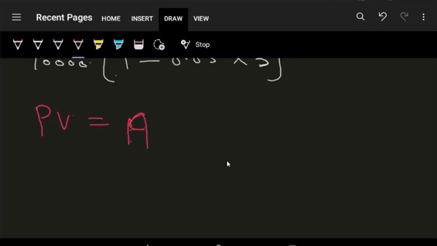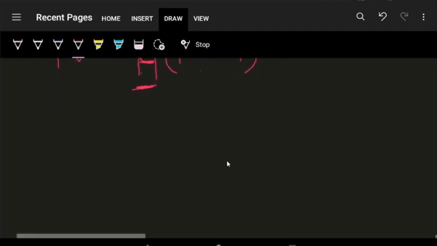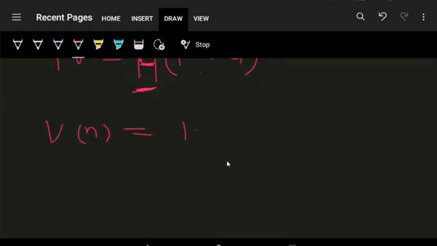let's call it A, 1 minus nd. This A is my amount at time 3 in the previous example. This A is the accumulated amount in the future, and 1 minus nd is my factor. So my discounting factor, I can write it as 1 minus nd.